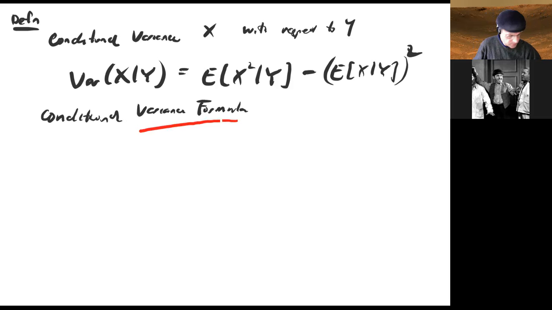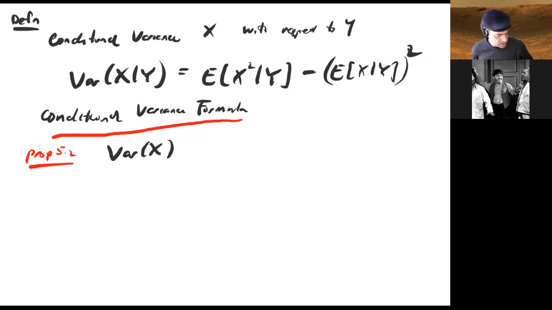Okay, so here goes. This is proposition 5.2 in the text. It says this: if I want to compute the variance of X, I can do it in terms of these conditional variances as follows.